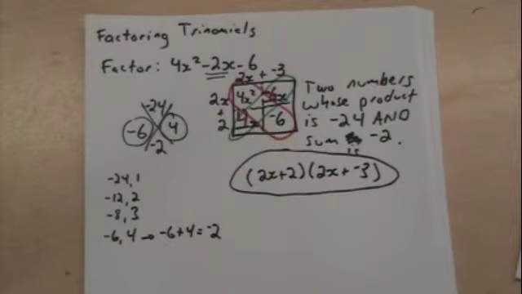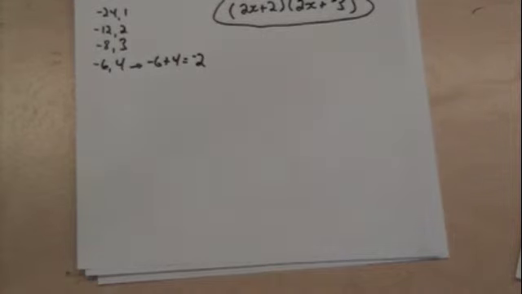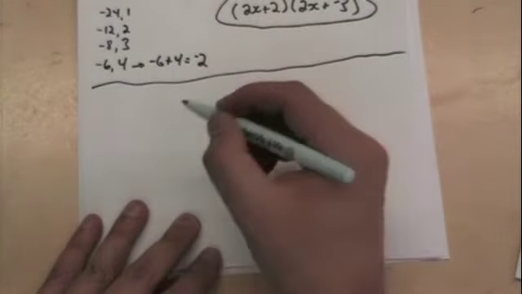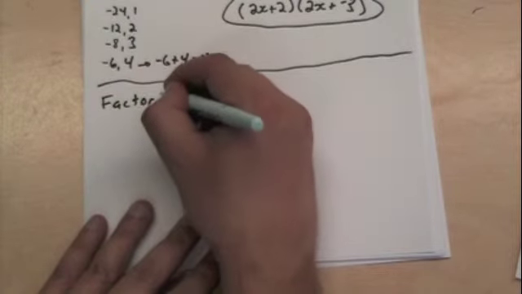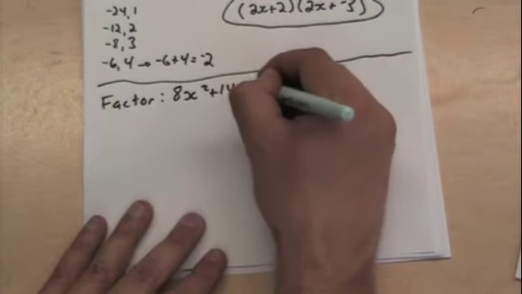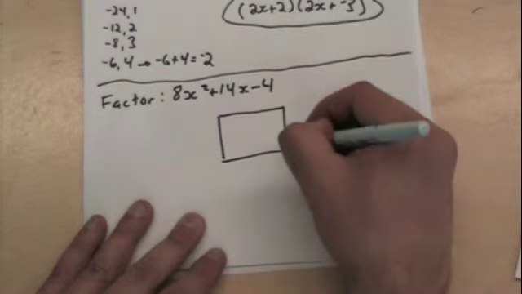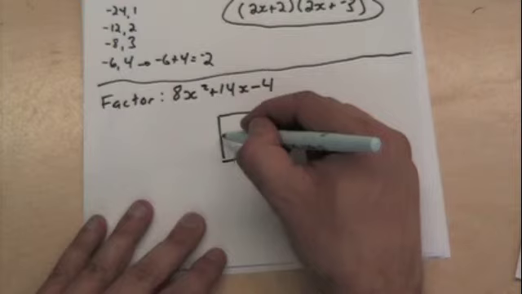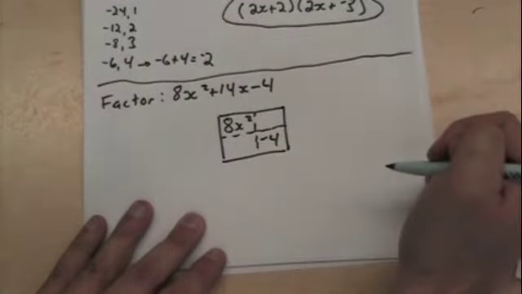So, if you wanted to do one more, we could. Alright, so the next problem we could do is if we wanted to factor 8x squared plus 14x minus 4. And we can make our rectangle. We have 8x squared here. We have negative 4 here.